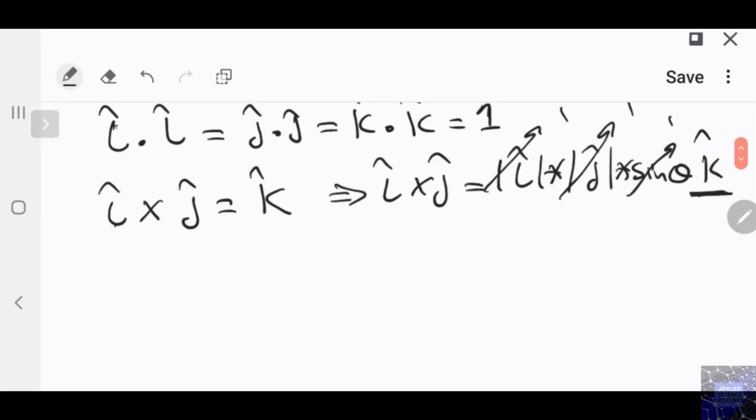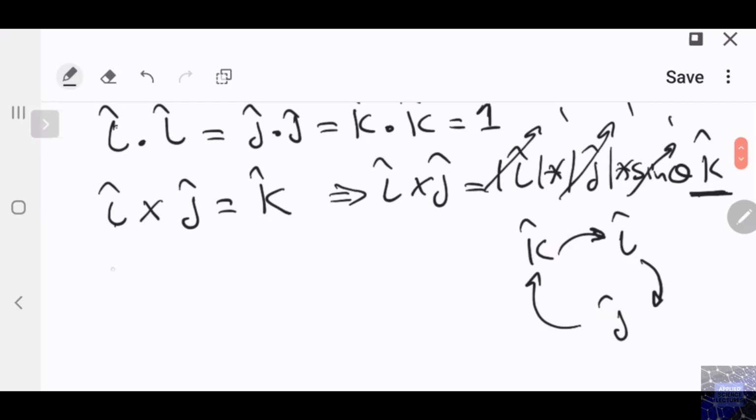So if I am to come up now with the diagram that helps me in finding the cross product between the unit vectors in Cartesian coordinates, then I can draw this such that the rotation clockwise is the positive, which means if I go i cross j, I would get k.